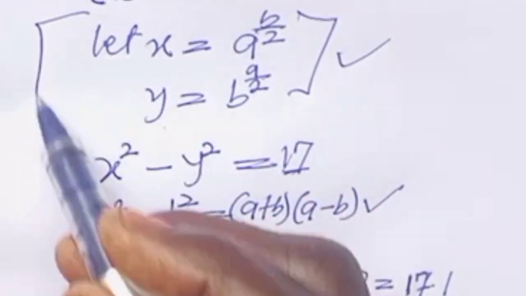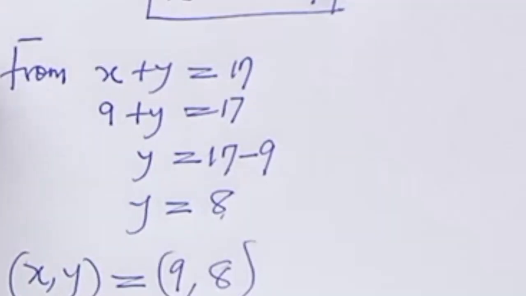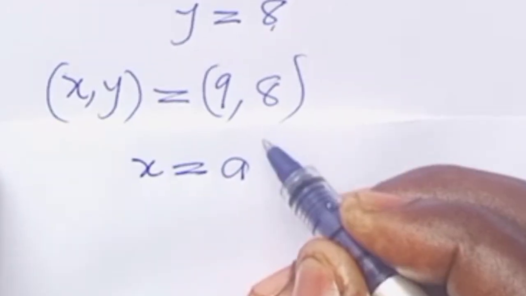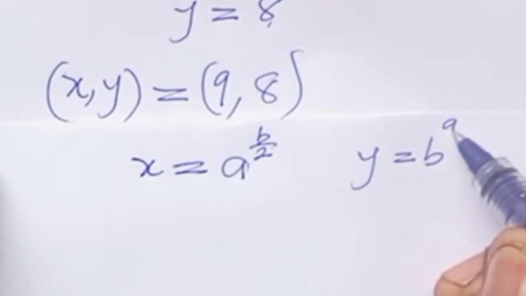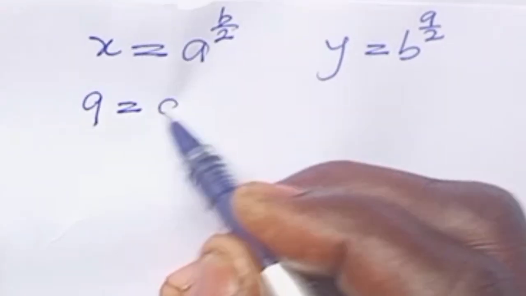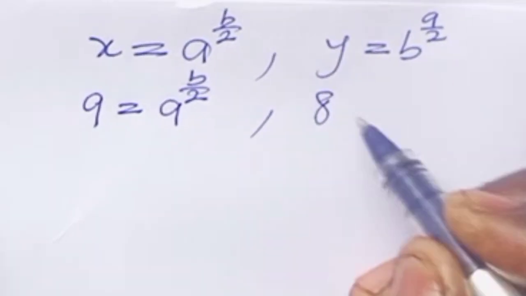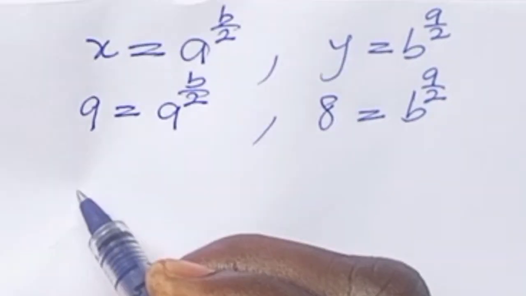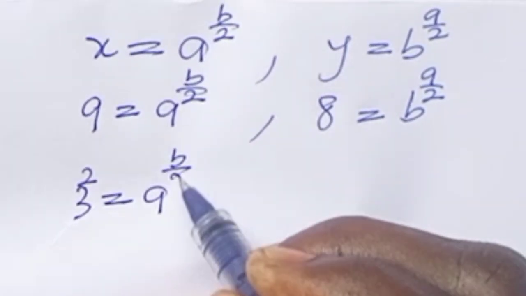Recall that we agreed that x and y should be represented as this. x is equal to a to the power of b over 2 and y is equal to b to the power of a over 2. x is 9, equal to a to the power of b over 2, and y is 8, equal to b to the power of a over 2. And 9 can be written as 3 to the power of 2, equal to a to the power of b over 2.